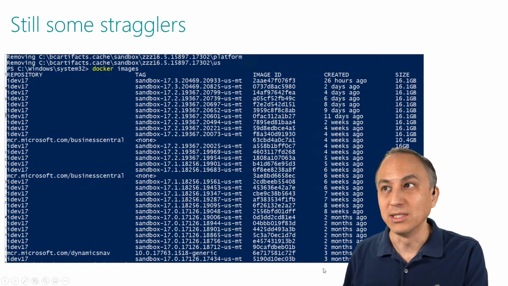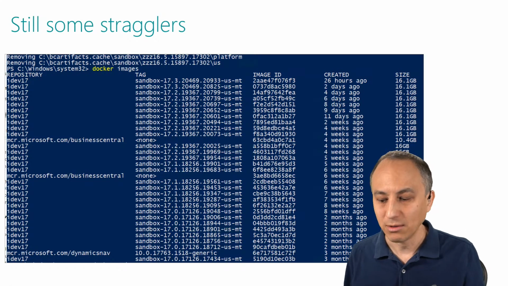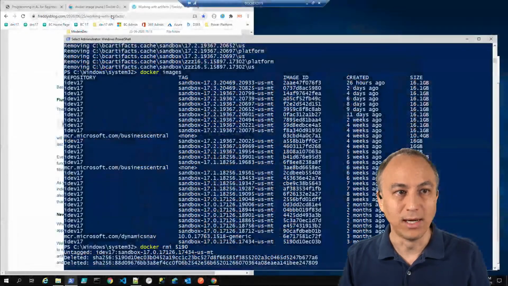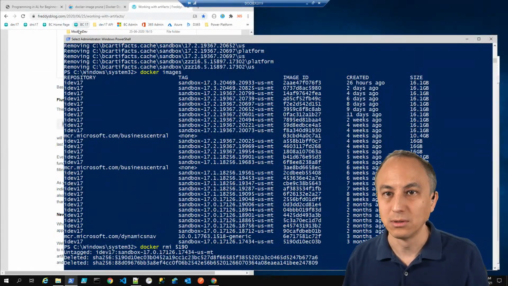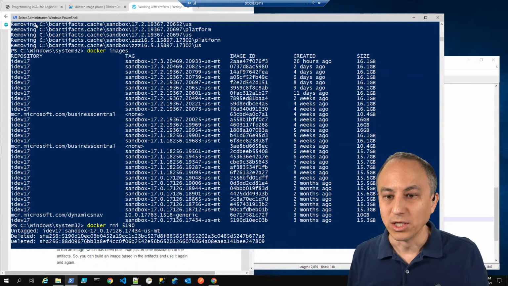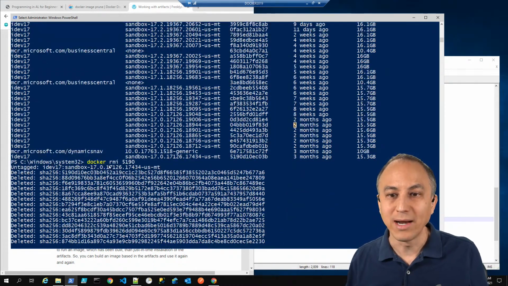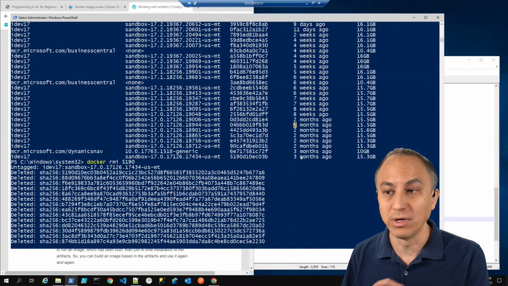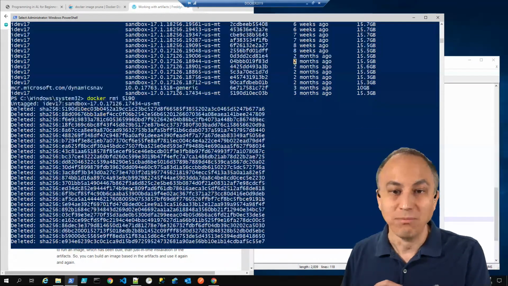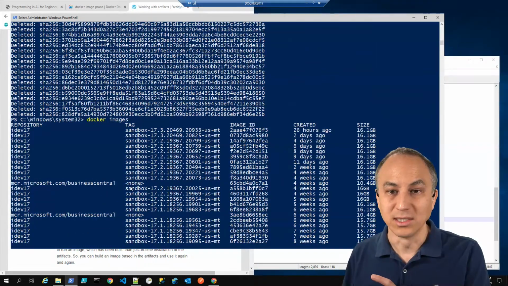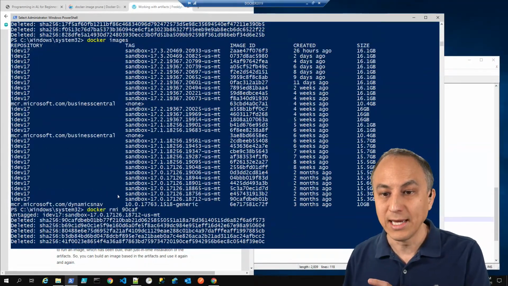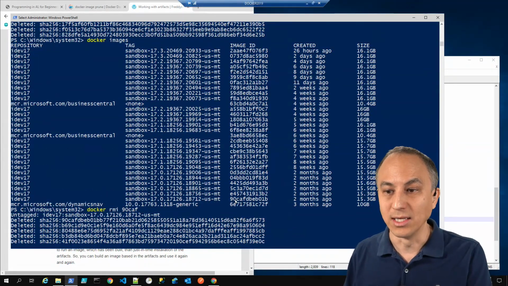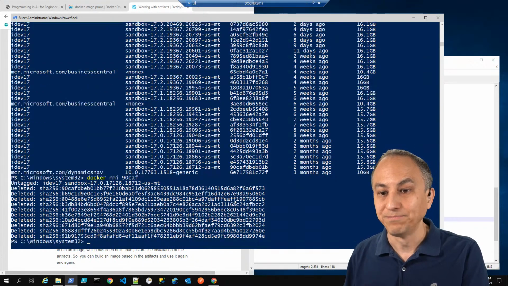Not nearly as much. It did clean up a lot of stuff, but let's take a look at my actual Docker server here. So you see Docker images. I have this old stuff. I ran Docker RMI, and this took quite a while on just this one 3-month-old image. After a minute or so, it deleted all this good stuff. So I ran Docker images again, Docker RMI 90CAF.